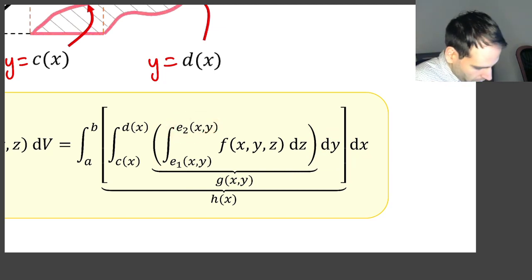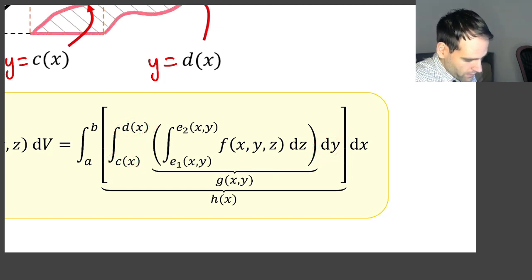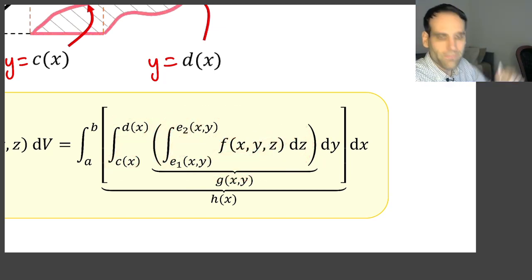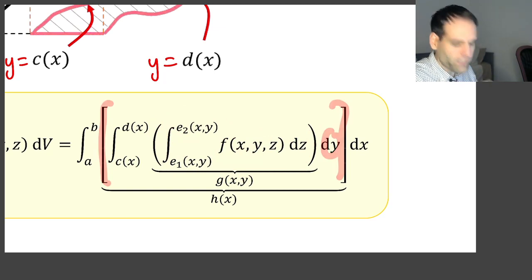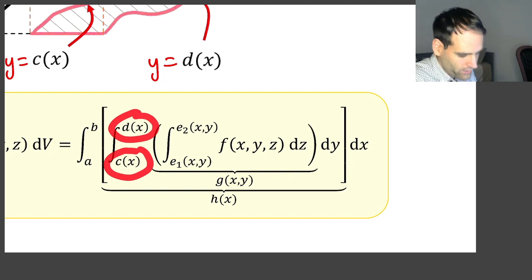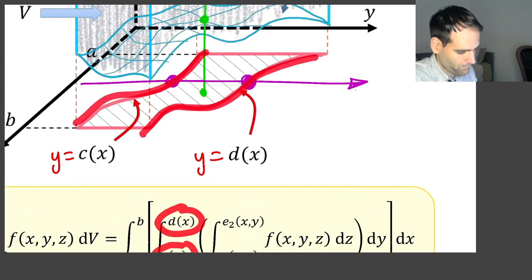Next, the limits for the y integral cannot contain z, because we already got rid of all the z's. But also we want to get rid of y because we're doing the integral through y. This means that these limits can only be a function of x, which corresponds to these two functions.